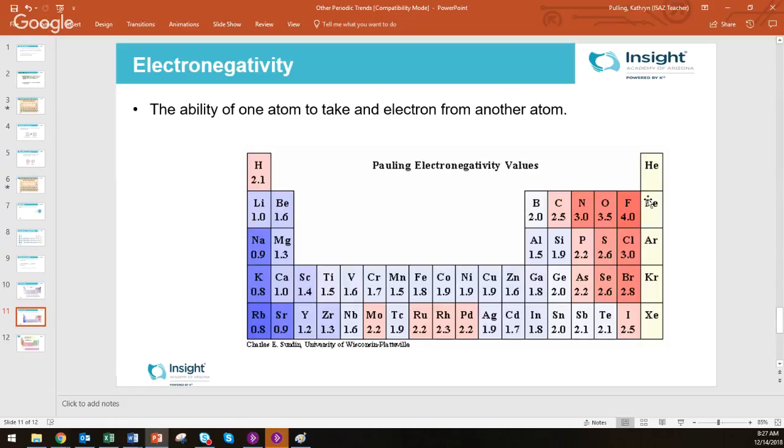You'll notice that again, that top right corner is where electronegativity is highest. But your noble gases don't have electronegativity because they don't react. So they don't want to do this at all. Fluorine is actually the highest when it comes to electronegativity. So let's add that trend on here.